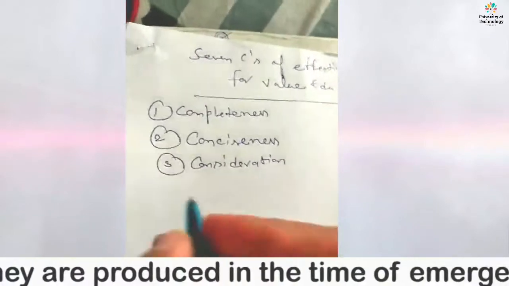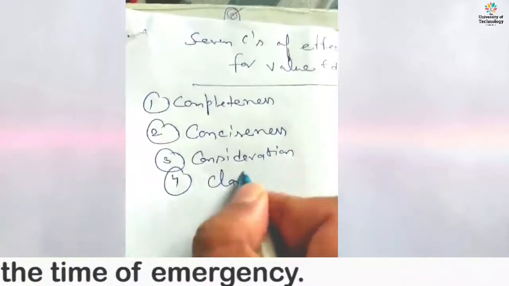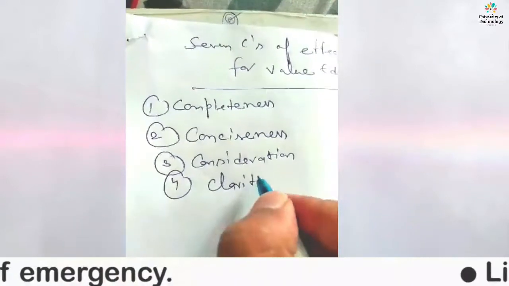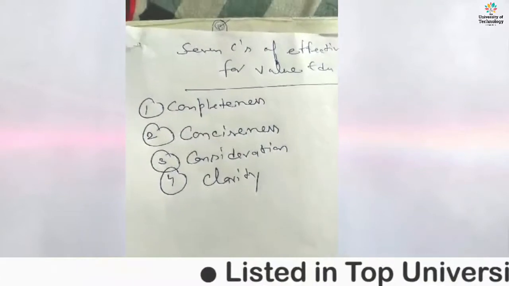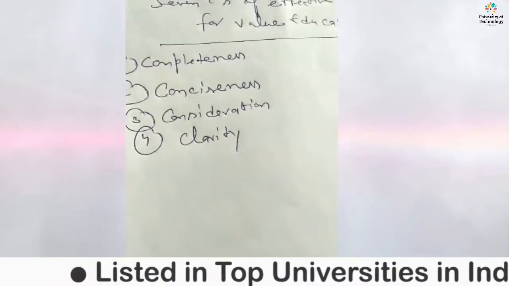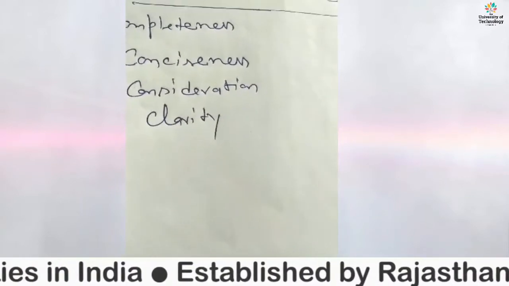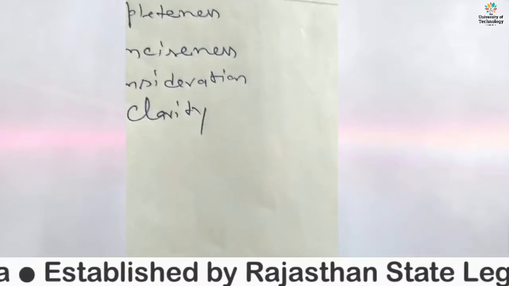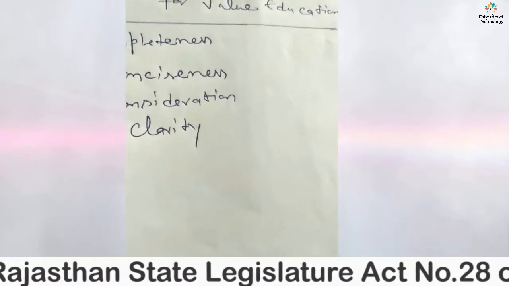Next, clarity. It means the message should be clear in the very first instance. It creates understanding and brings accurate feedback to the messages. It means that the message is actually understood by the receiver.